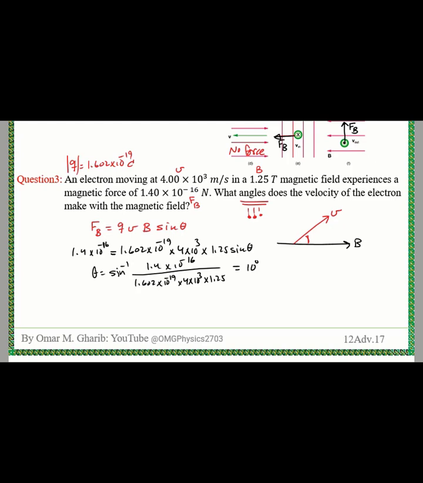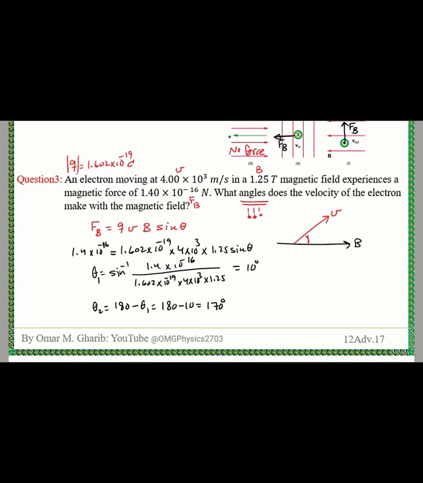that has the same sine, as in trigonometry. This is theta 1. Theta 2, the angle that has the same magnitude of sine, is 180 minus theta 1. 180 minus 10 is 170 degrees.